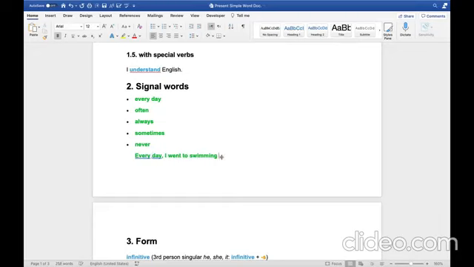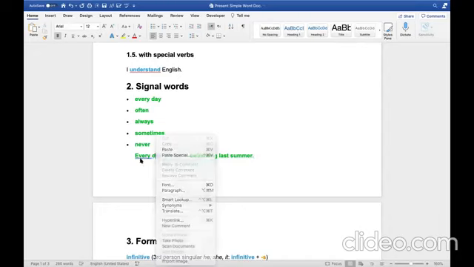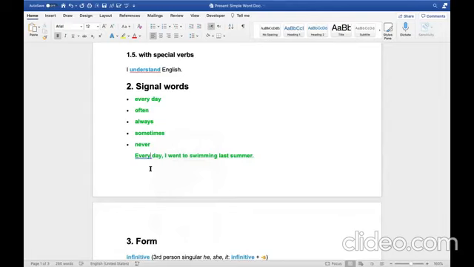Every day I went to swimming last year, or last summer, for example. This means last summer, this person went to swimming every day, right? Why did we say I went to swimming, the past simple? Because of last summer. By the sense, the meaning of the sentence, it refers to the past, not the present. So I want you to understand the sentence rather than memorizing the signal words.